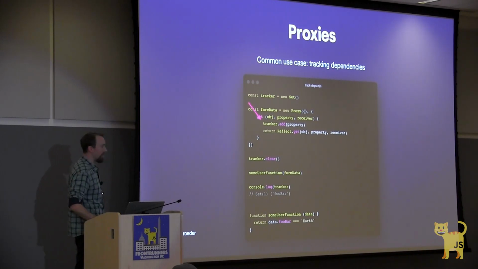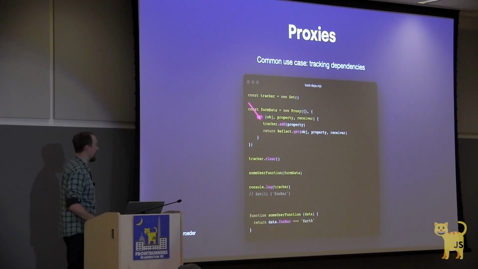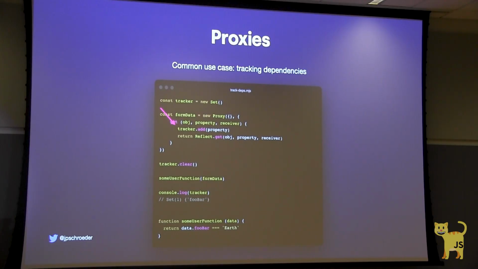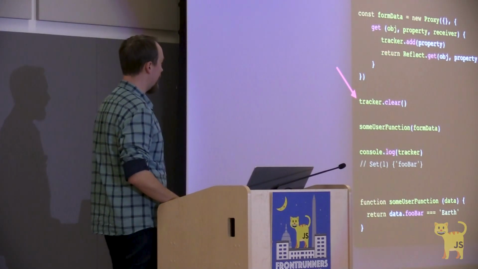Now, we have a Set, which is like an array version of a Map. And whenever a property is accessed, like our data.location, which previously was returning Earth, we just add that property to our set up here, with deps.add(property). And then right before we run the user's function, we clear everything out. It's like a clean scene.